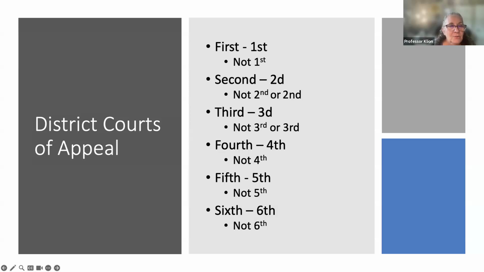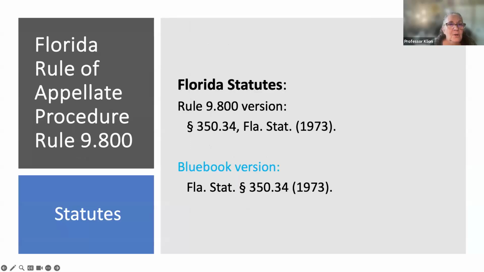The other major difference between the Blue Book and, excuse me, Florida Rule of Appellate Procedure 9.800 is statutes. So you will see in the Blue Book version, they require you to cite to a state statute as FLA period, stat period, space, the section mark sign, space, and then the name of the statute and the date.